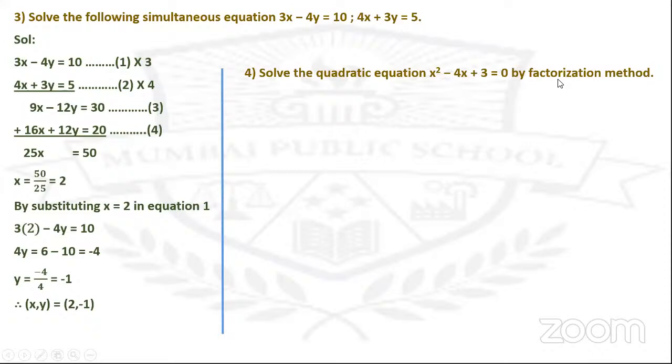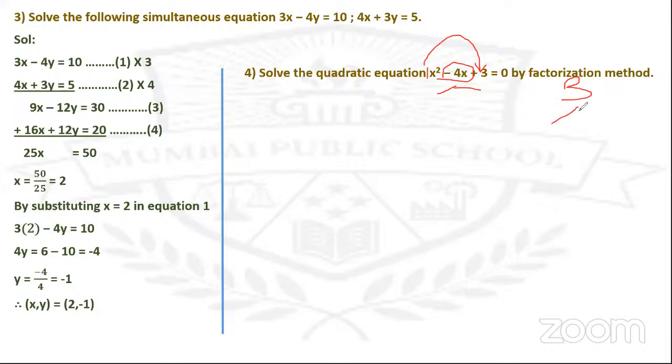Now solve the quadratic equation by factorization method. We're studying this from 5th, 6th standard, splitting the middle term. What is the middle term? Minus 4x. So you're going to split this minus 4x into 2 parts. How do you do that? You multiply the coefficient of x square with the constant, that is 3, and factorize it.